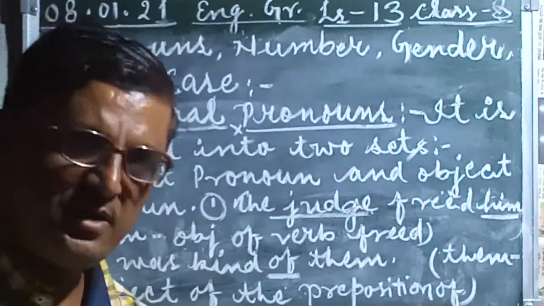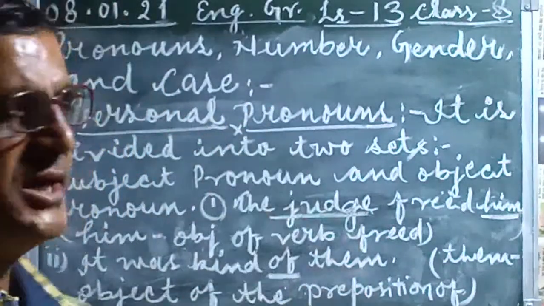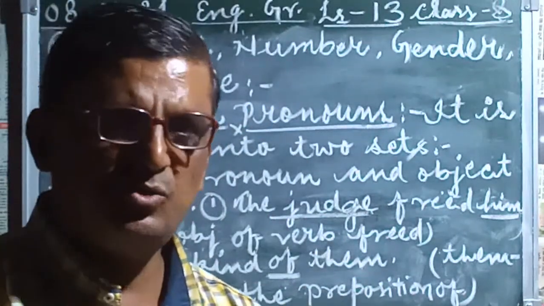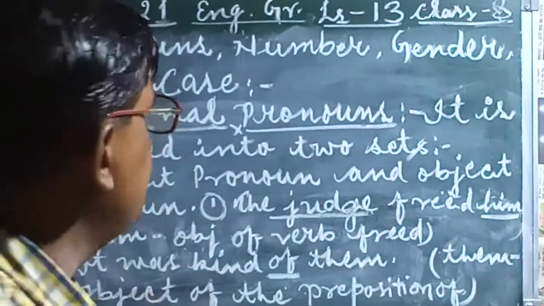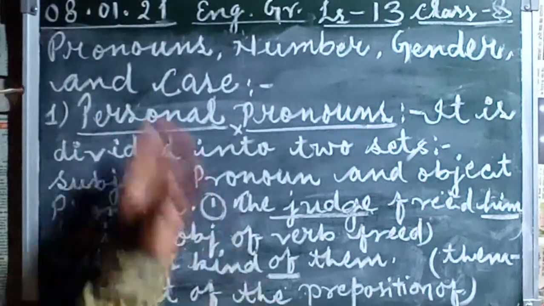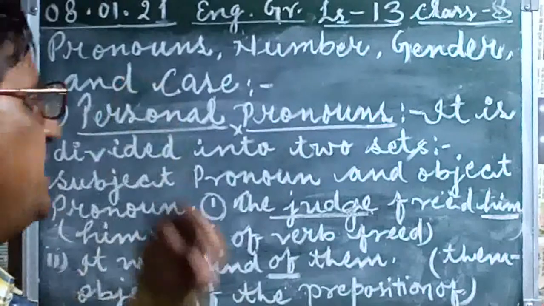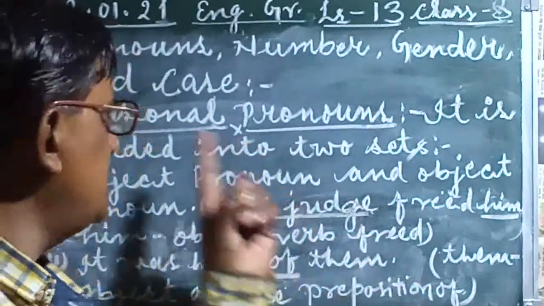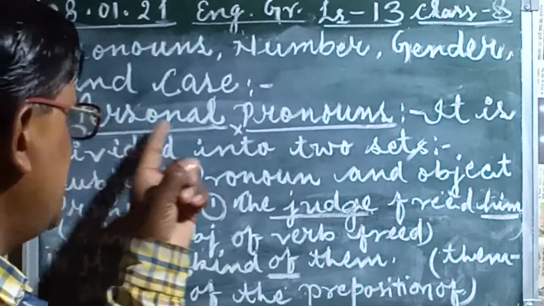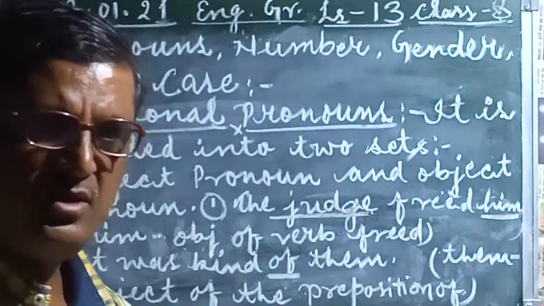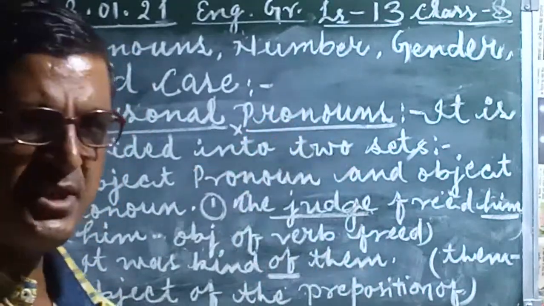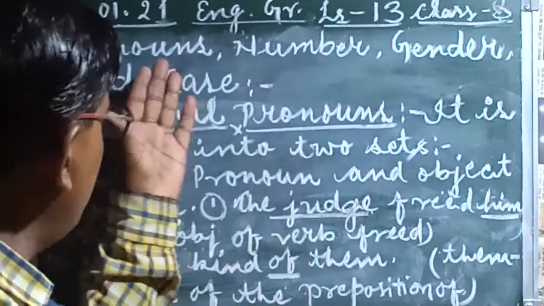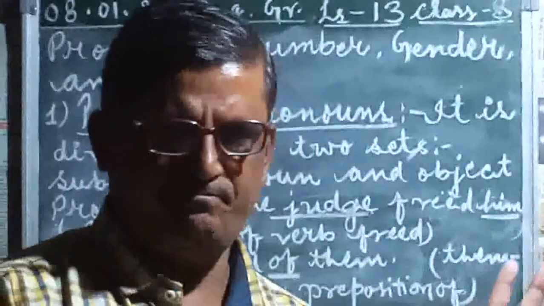And what are the two sets? Once more I would like to recap so that you are able to understand properly. Today I am taking pronouns. In pronouns, there is first the personal pronoun. I have already told you that in the personal pronoun, number and gender remain the same.